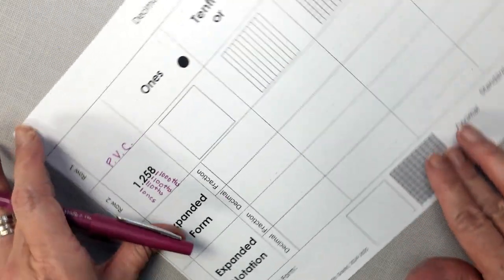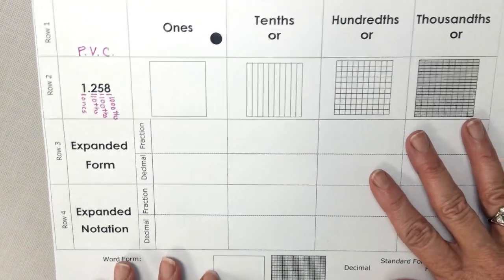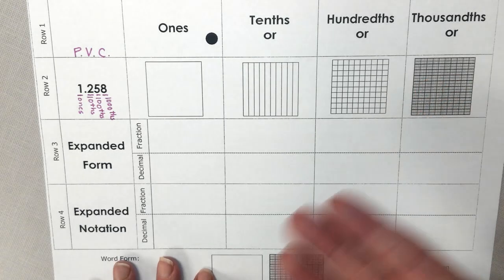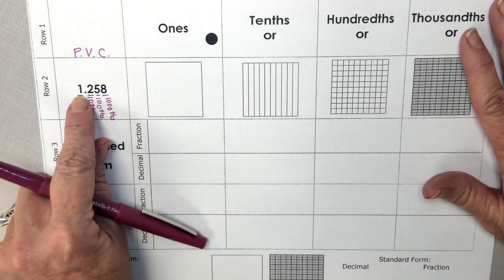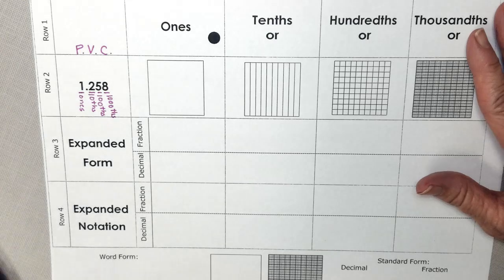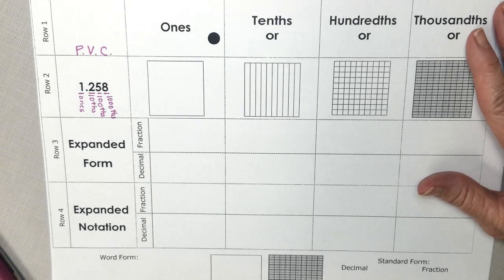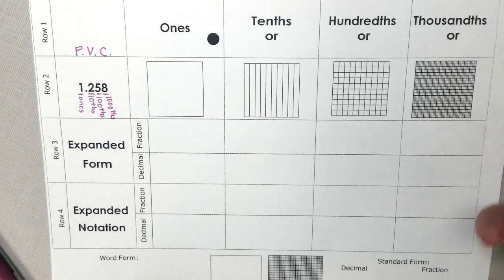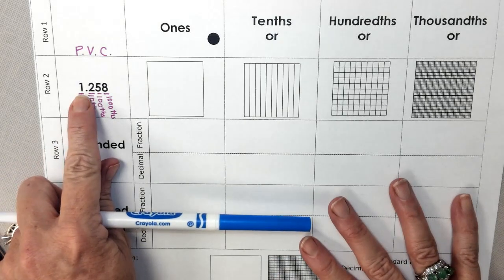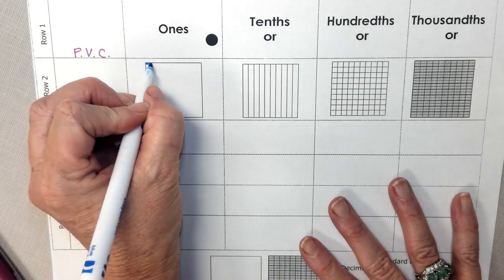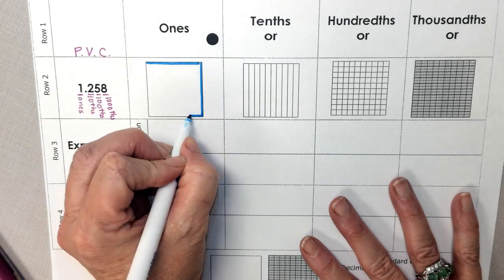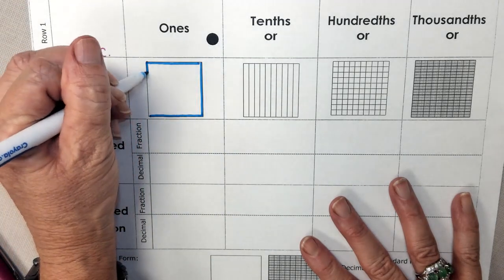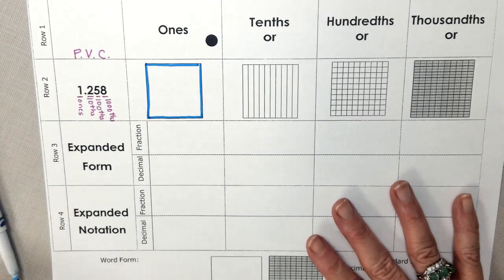Now what we're going to do is we're going to go over here and we're actually going to shade in the model just kind of like what you have on your blue tray. So when I go to the ones place, I notice that I have the digit 1 there. So I'm actually going to outline this.